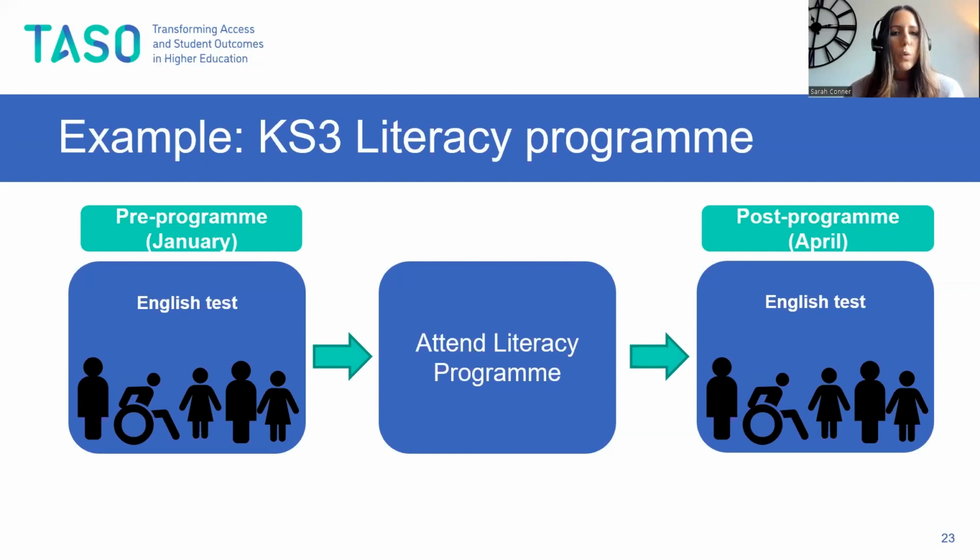So you would administer an English test to participants before they start on the programme, in January. They would then attend this 12-week literacy programme, and then you do another English test in April, and you're trying to see if there's been an improvement in those English test scores between January and April.